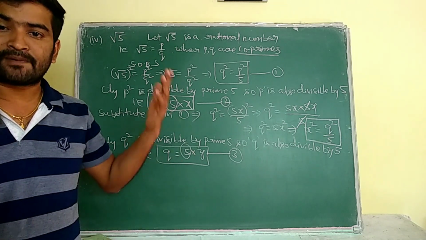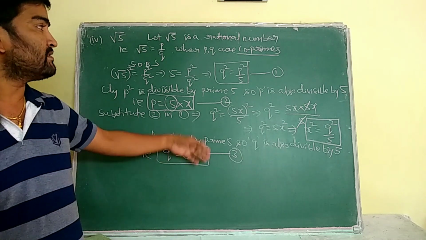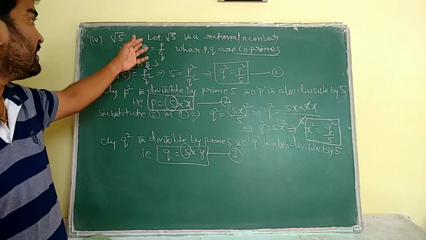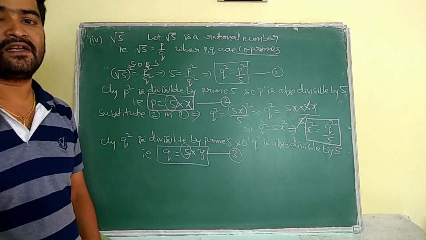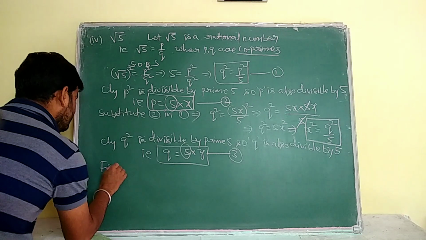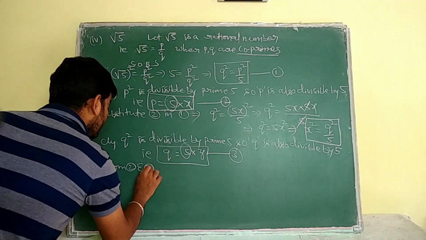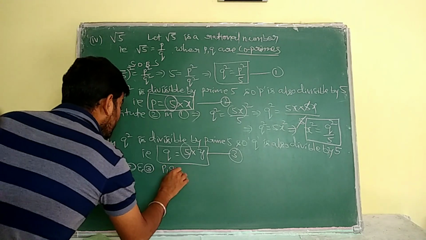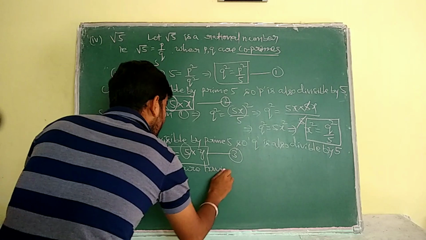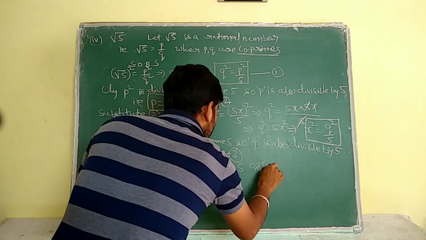That means we obtained something wrong. It contradicts our assumption. Why does it contradict? Because we assumed wrong. Then what is the correct value? This root 5 is an irrational number. That we have to conclude. From 2 and 3, p and q have 5 as a common factor.